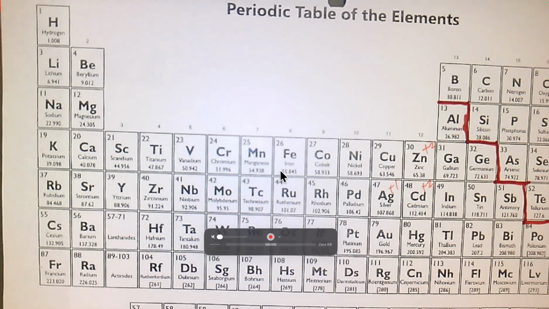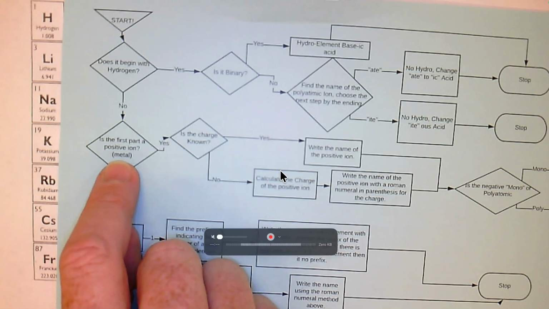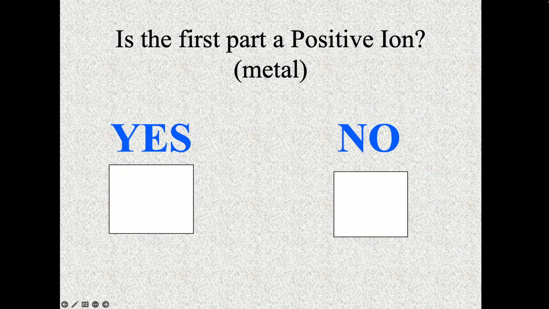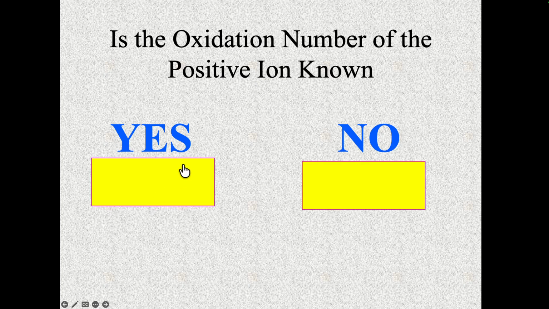Jumping back over here. All right, so we are right here. Is the first part a positive ion, a metal? Okay, and the answer is yes. So we go to the next question. Oxidation number is just kind of the fancy name for charge.